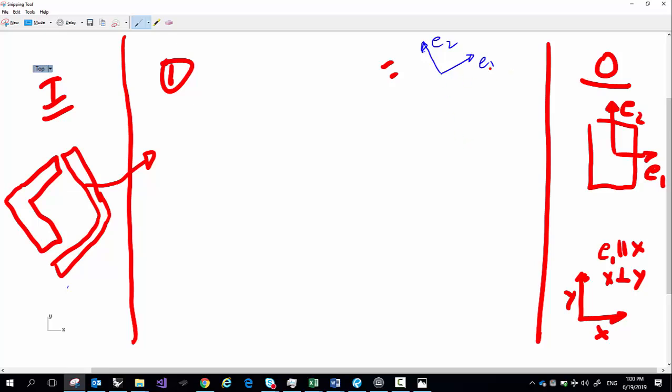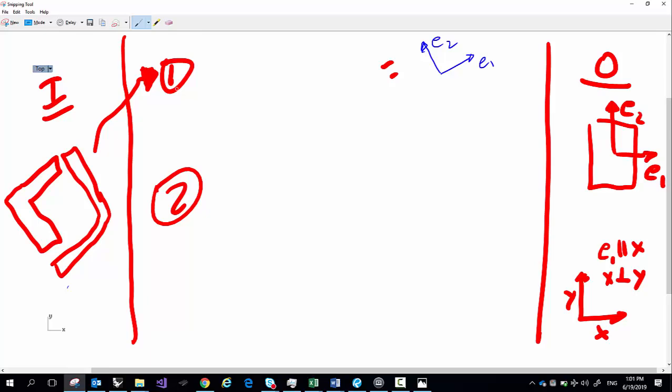Once we have those, what do we need to do on step two, just broadly speaking? If we have E1 and E2, what can we do next? Ideas? We can rotate it, right?